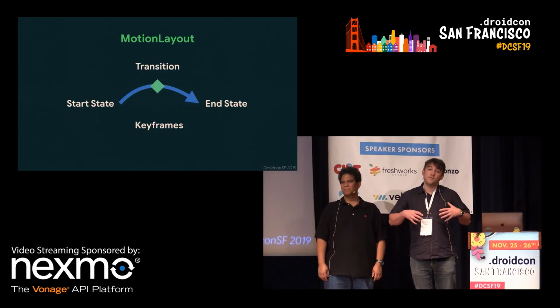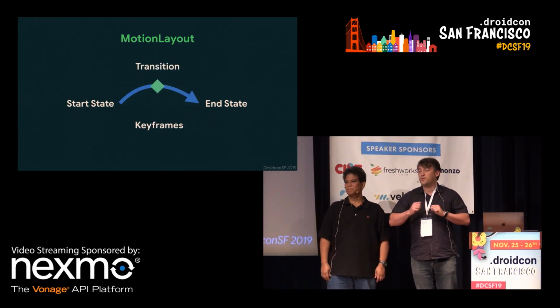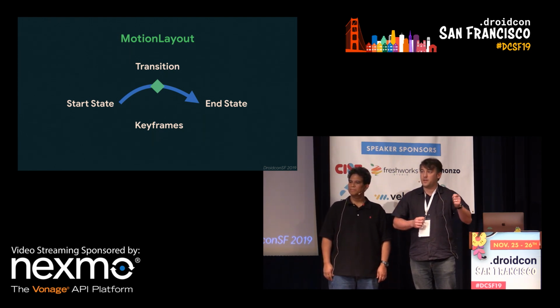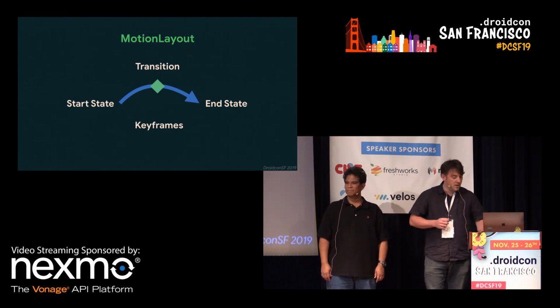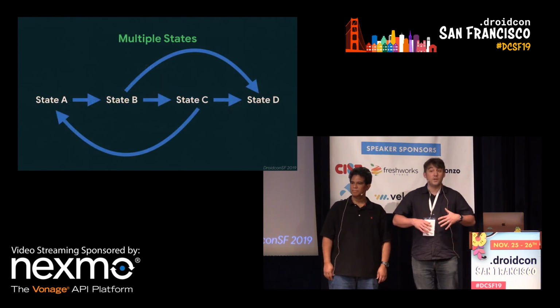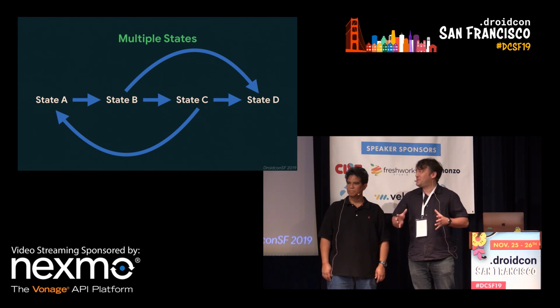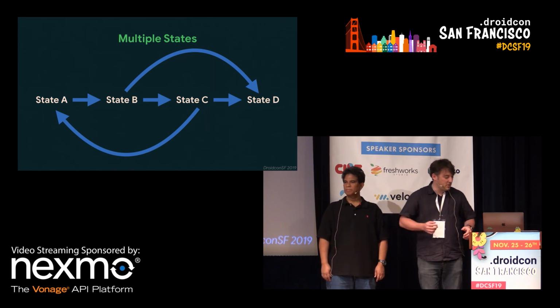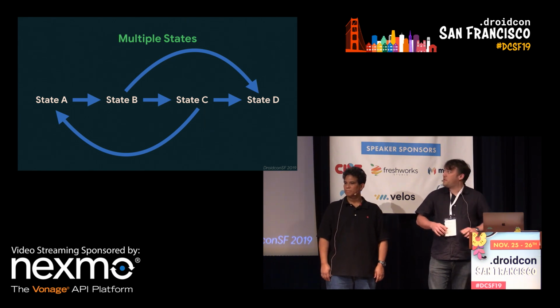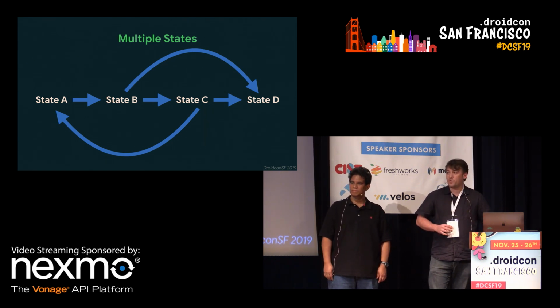We can then modify the way we transition by using keyframes, which are essentially a point in time where you say, I want something to be at that particular value or that particular position. As I mentioned, we actually go much beyond just two states. You have multiple states, and they can transition between each other in unrelated ways, so it can be a really powerful way of expressing your animation.